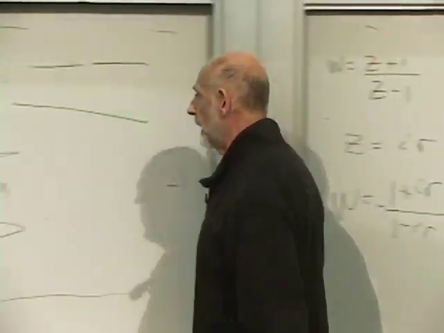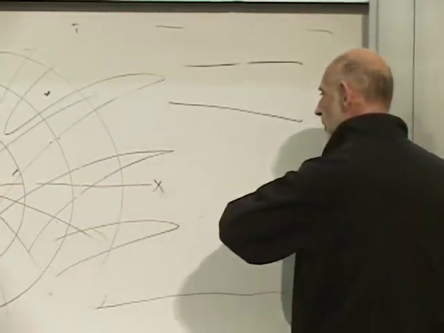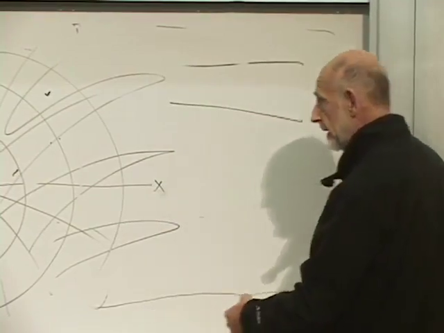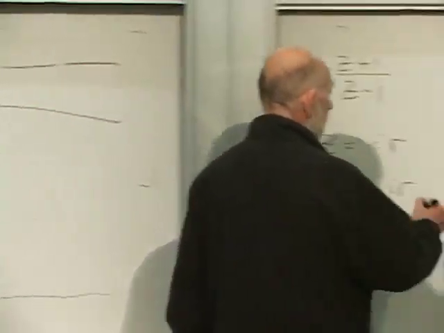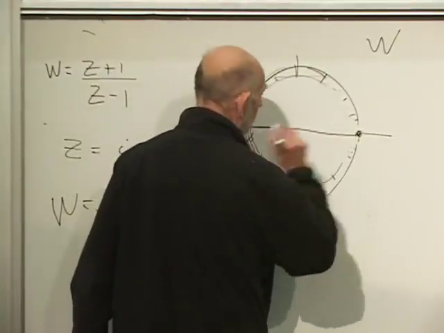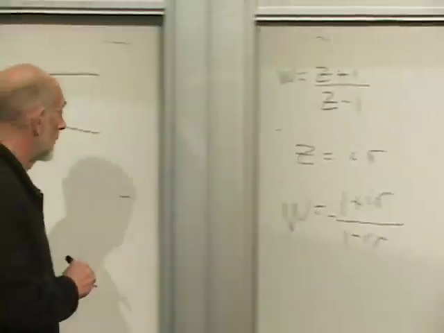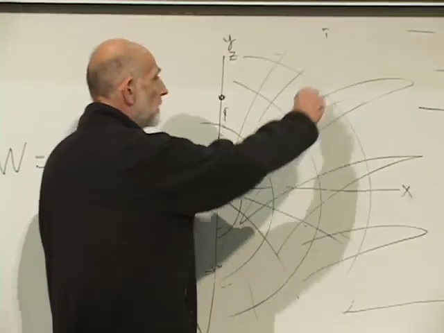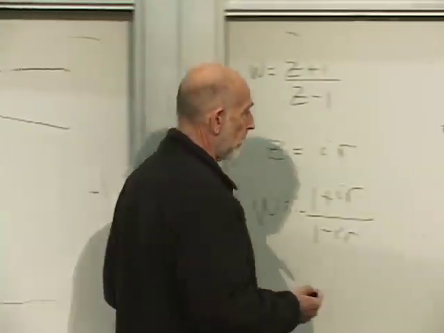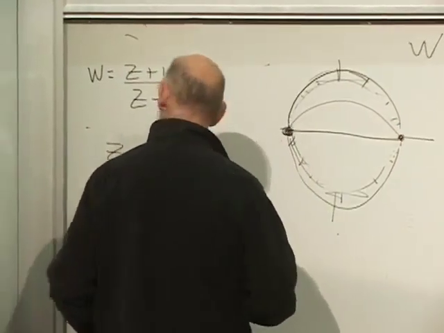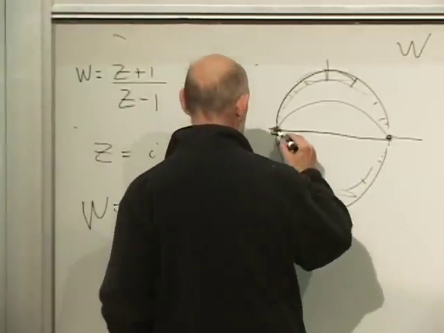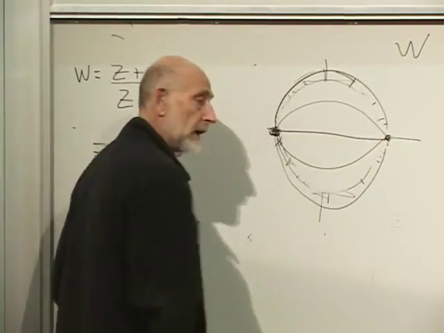So every one of these lines, let's take the one which is, first of all, completely symmetric between the upper half plane and the lower half plane. That's the x-axis. The x-axis, that's just this line. The radial lines above the x-axis are like that. Radial lines below the x-axis are like that.